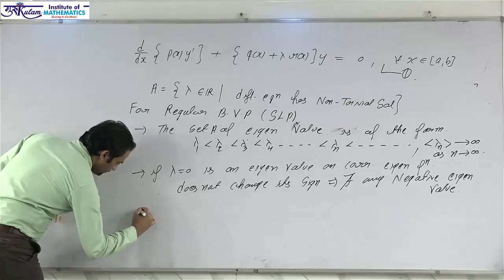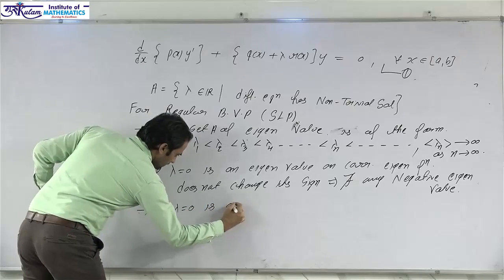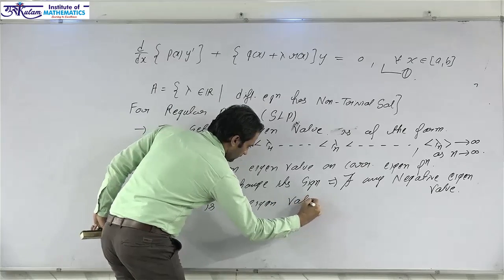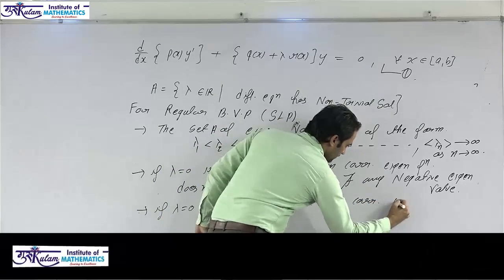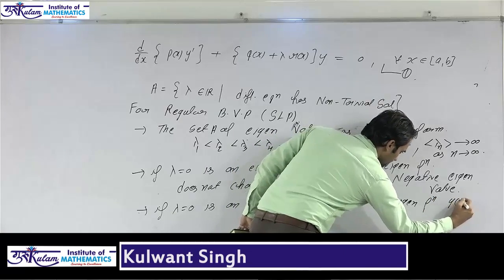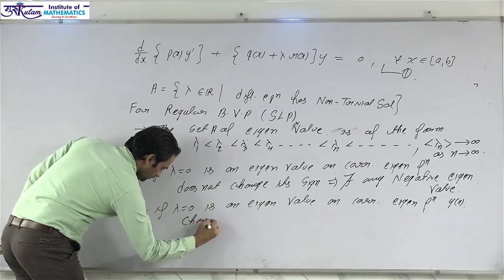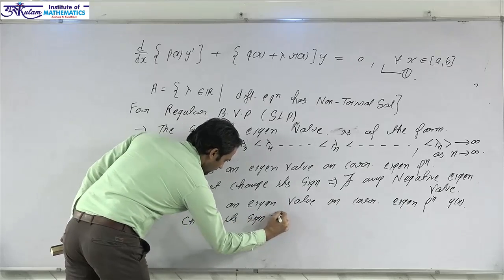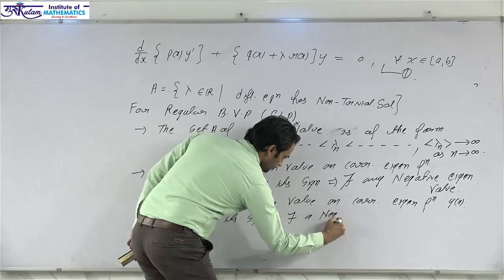Similarly, if lambda equal to 0 is an eigenvalue and the corresponding eigenfunction, say y(x), changes its sign, it implies there must exist a negative eigenvalue.